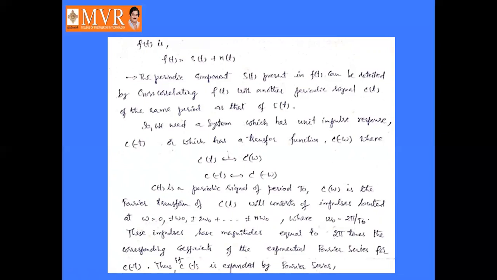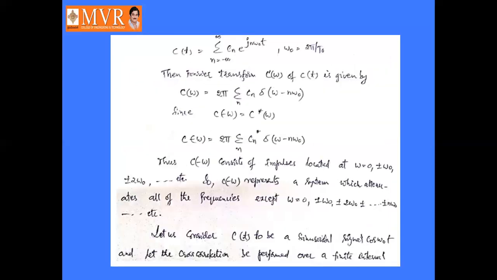These impulses have magnitudes equal to 2 pi times the corresponding coefficients of the exponential Fourier series for c(minus t). Thus, if c(t) is expanded by Fourier series, then c(t) can be represented as the sum from n equal minus infinity to infinity of Cn into e power plus j n omega naught t, where omega naught equals 2 pi by T naught.